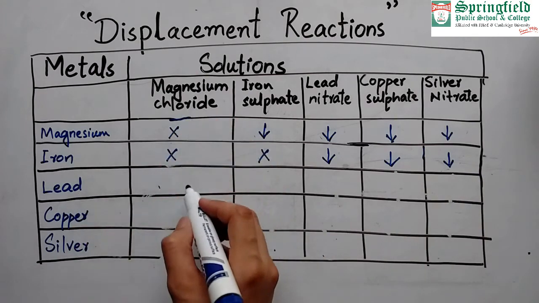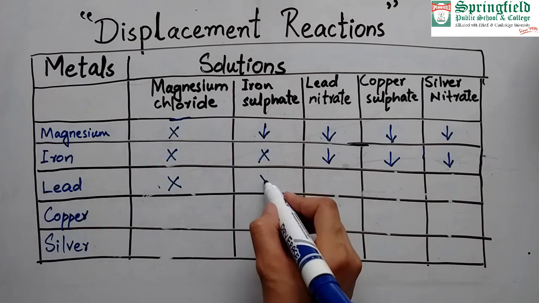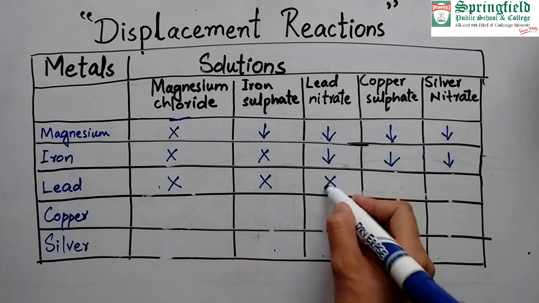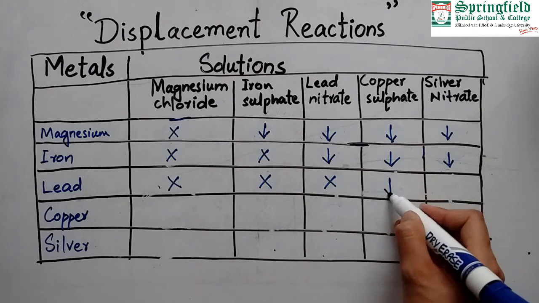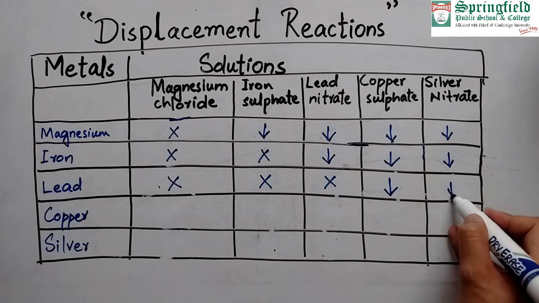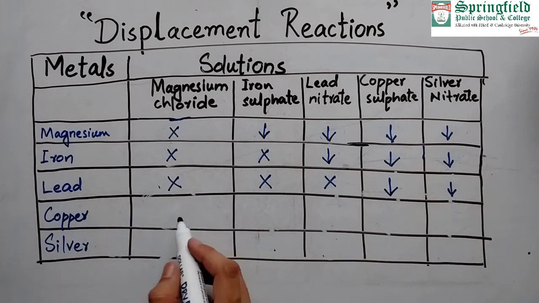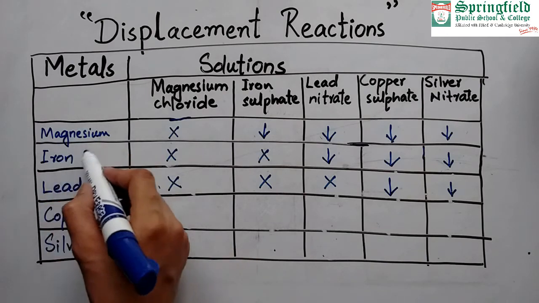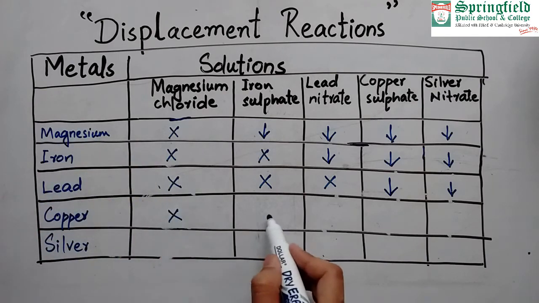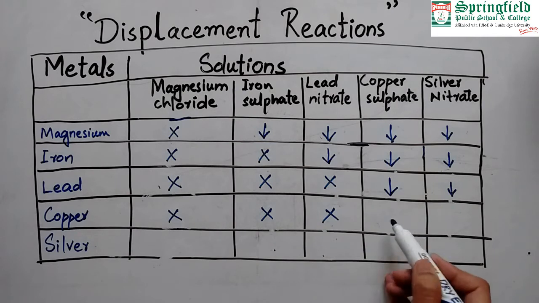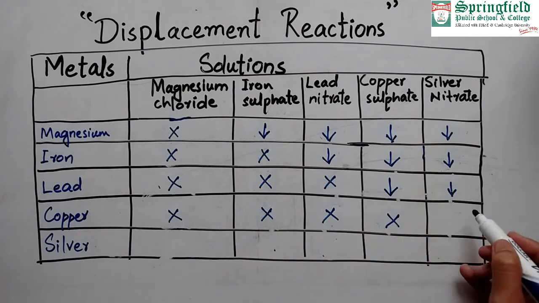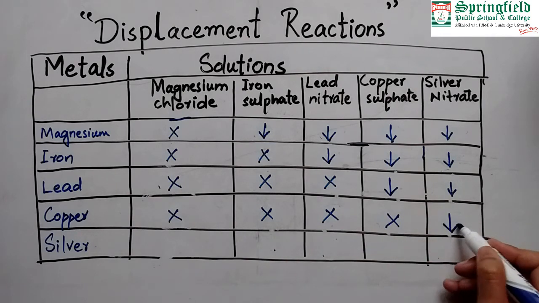Then is lead. Can it displace magnesium? No. Iron? No. Lead itself? No. But copper? Yes. And silver? Yes, it can, because these two are lower than lead. Then is copper. Can it displace magnesium, iron, lead? No. Can it displace itself? Not at all. Can it displace silver? Yes, of course.